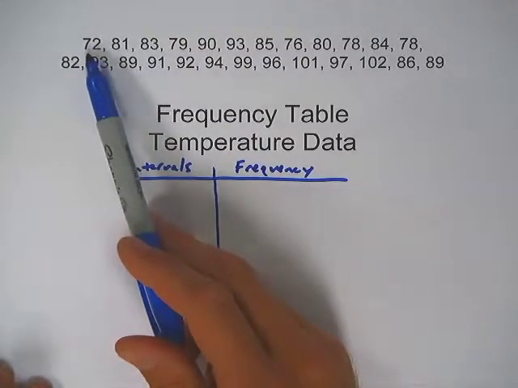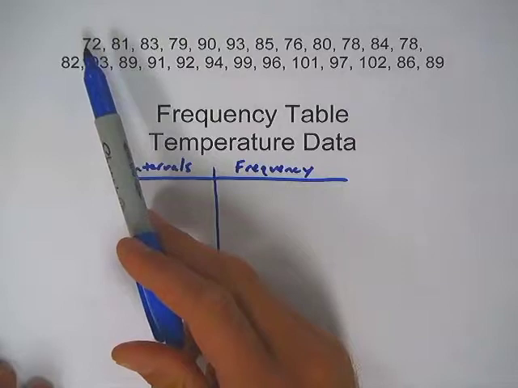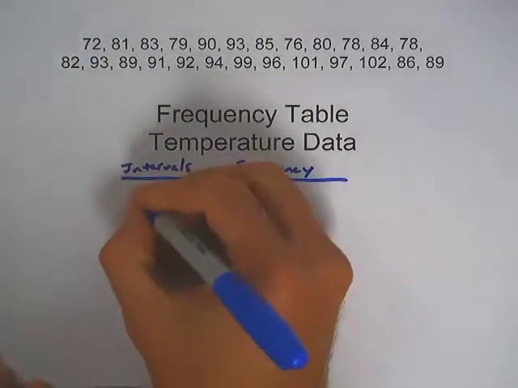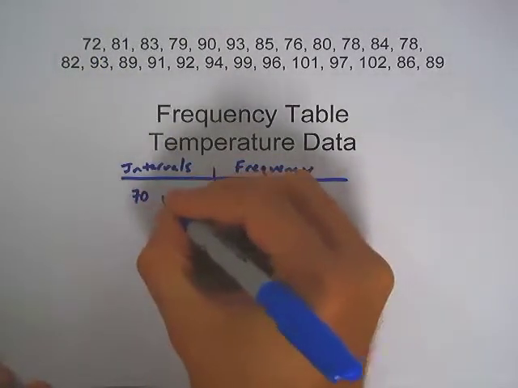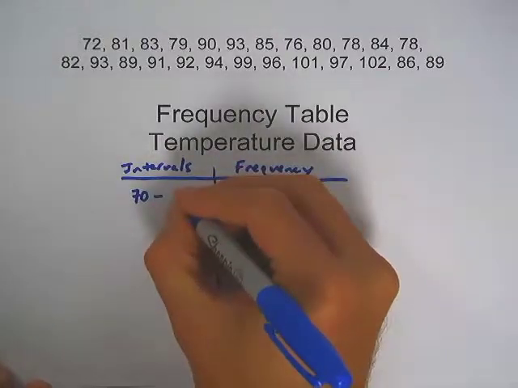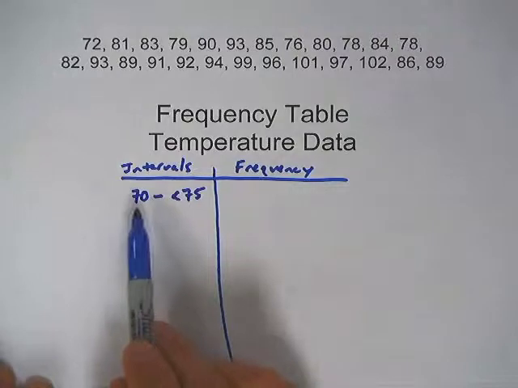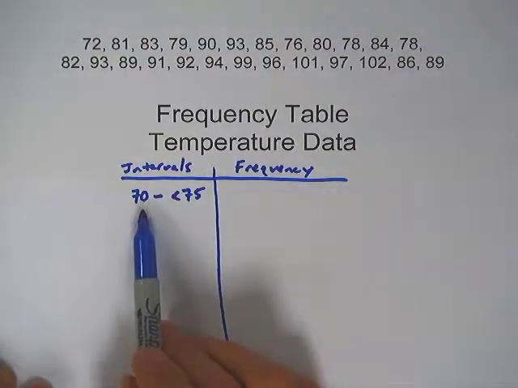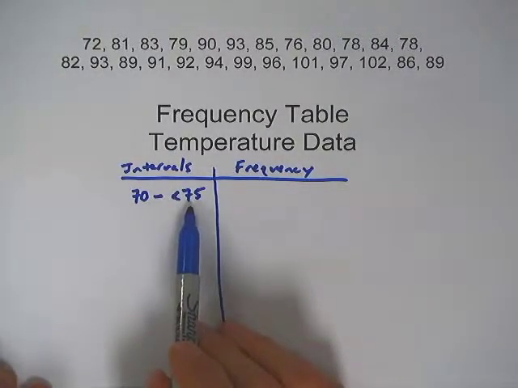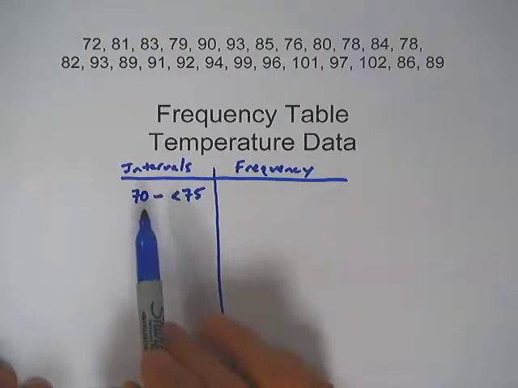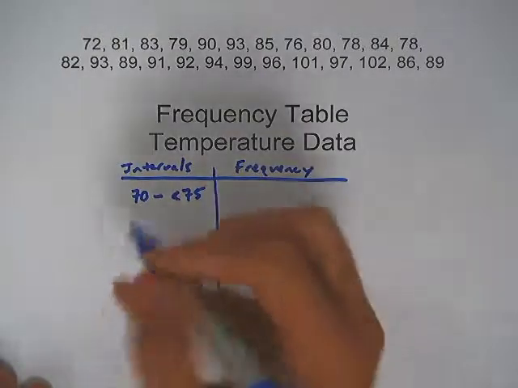I think it would make more sense to go from 70 to 75. So my first interval is going to go 70 to, and what I'm going to write is, less than 75. That means I'm going to include 70 in this interval, but not 75. So 71, 72, 73, 74 would go in this interval.